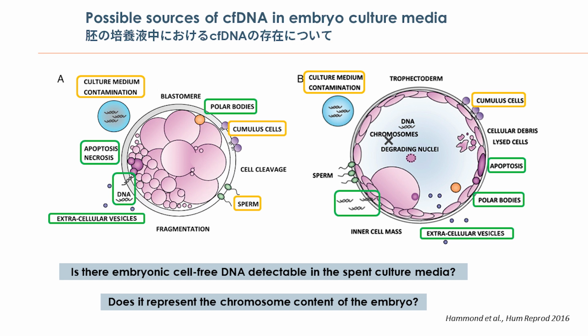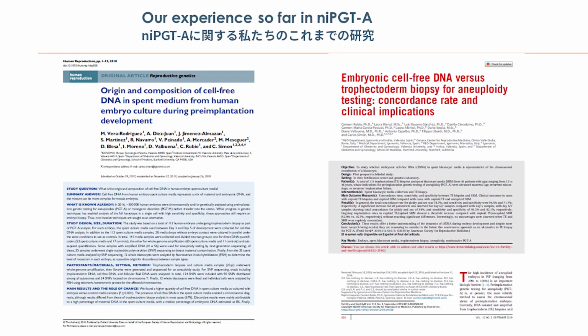In the next slides, I'm going to present our experience in the last years, in which we have learned what we can get from the culture media and how we can improve the protocols to make it really a clinical test. We started with this more than 4 years ago, and our first publication was in Human Reproduction, and it was a proof of concept because, as I mentioned before, we were very skeptical.